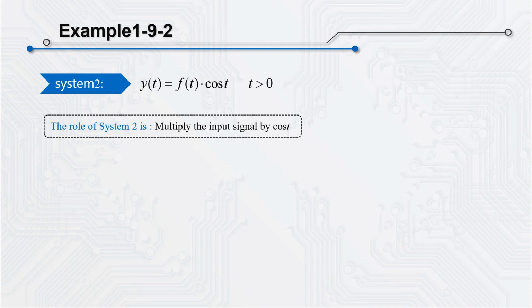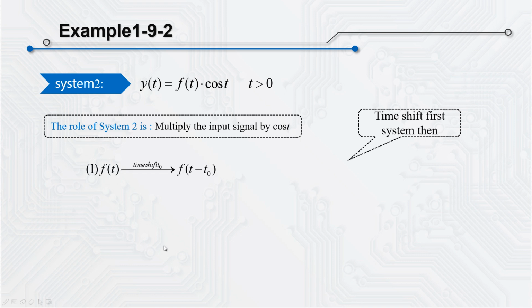For the second system, the rule of system 2 is to multiply the input signal by cos t. According to the rule of time shift first and then system operation, the signal f(t) is time shifted and enters the system to produce an output y21(t), as shown in formula 9.